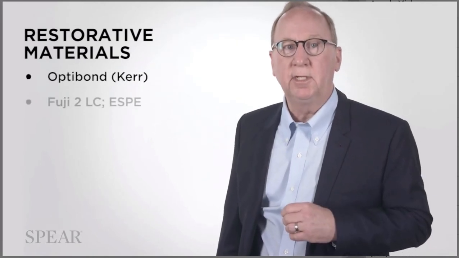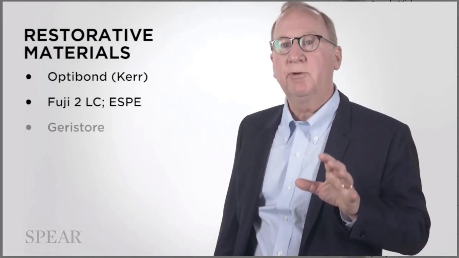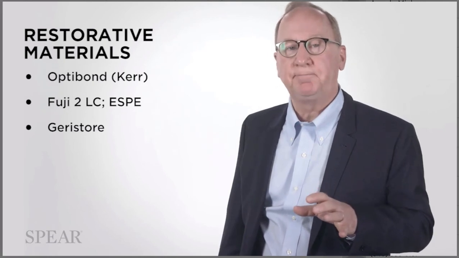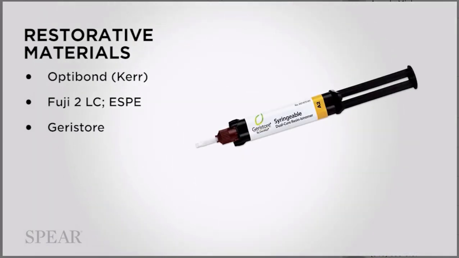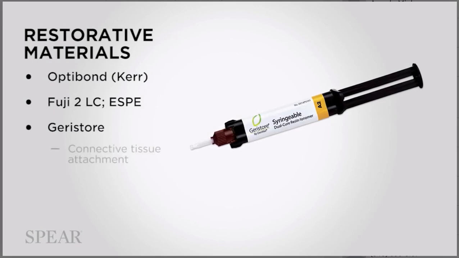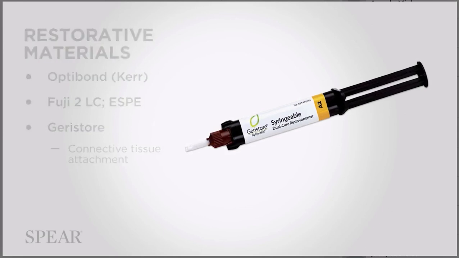There are some Fuji composites that can be used, but Geristore seems to be more the mainstay and has been studied a whole lot more. It's a syringeable composite that's placed in there, and it has been shown that we can establish a connective tissue attachment from the replaced flap right directly to the Geristore material.